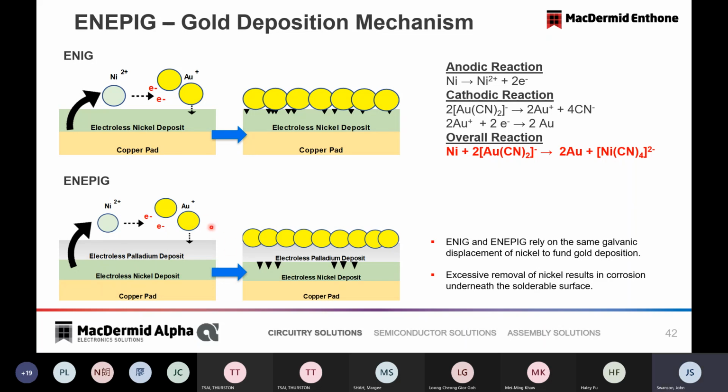So the corrosion really can occur at the nickel because the palladium is quite thin. There's much porosity. It is not realistic to have a thin palladium coating that is completely covering the nickel. So the reaction is really occurring with an underlying nickel.